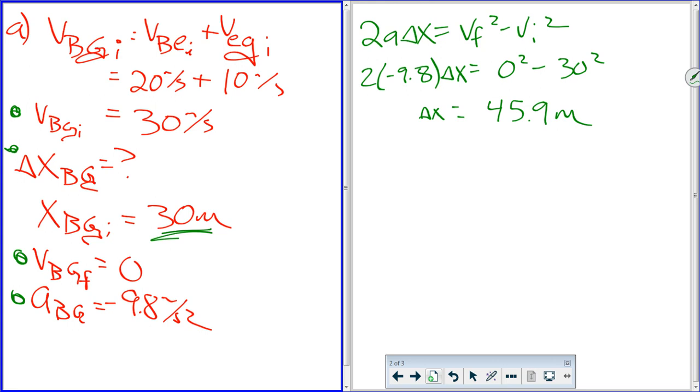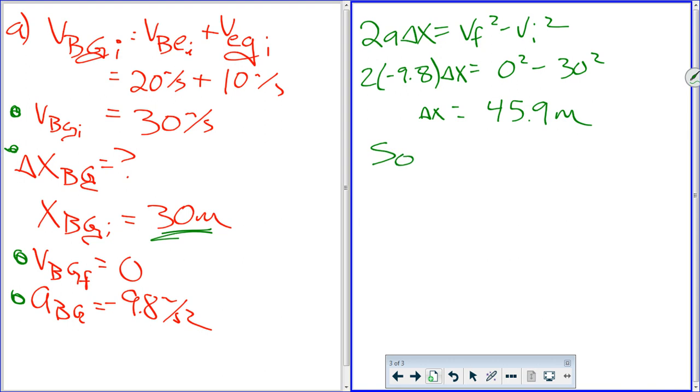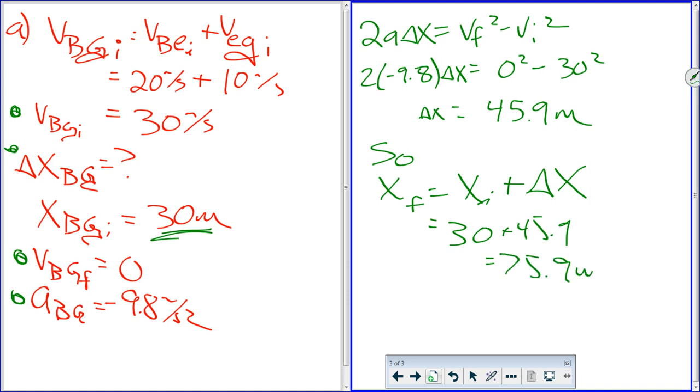I think I made an announcement about that the day we went over it. Got it. So if you want, mathematically it's this. Your final position is your initial position plus the change in position, right? So 30 plus 45.9 gives you 75.9. Problems.